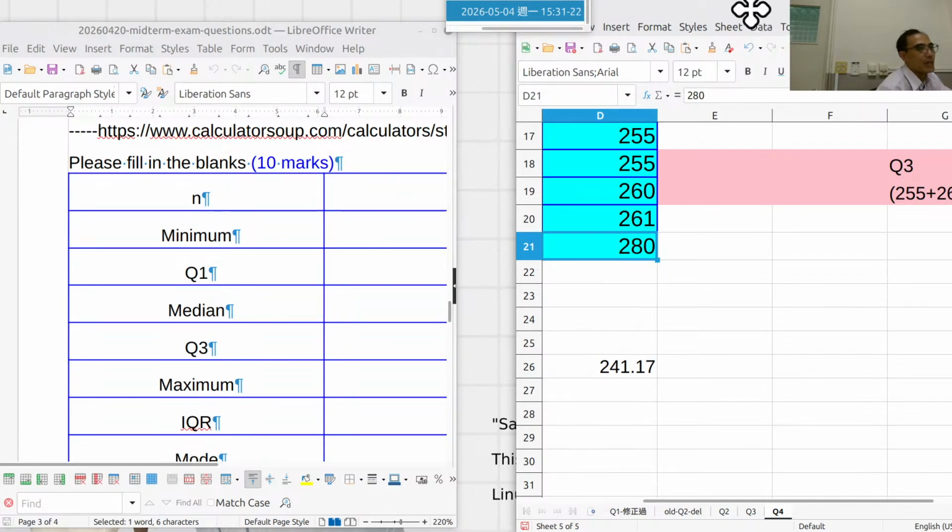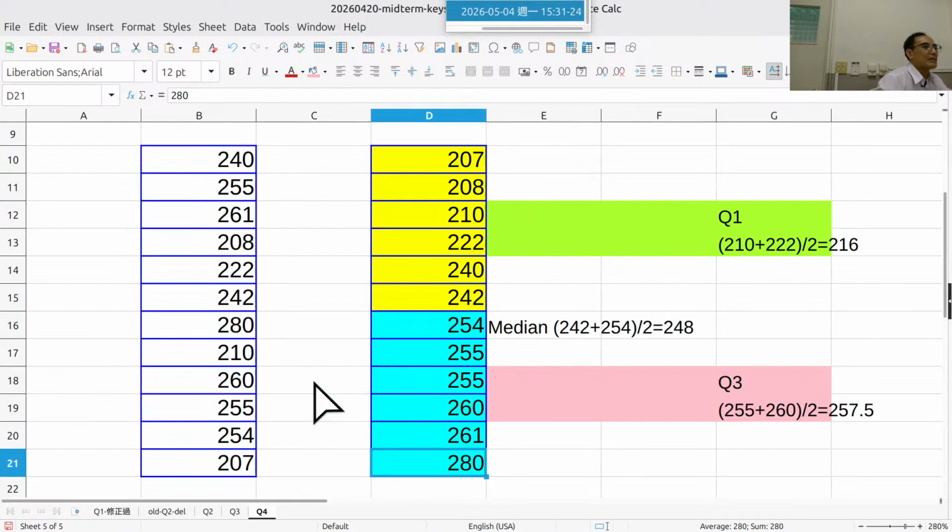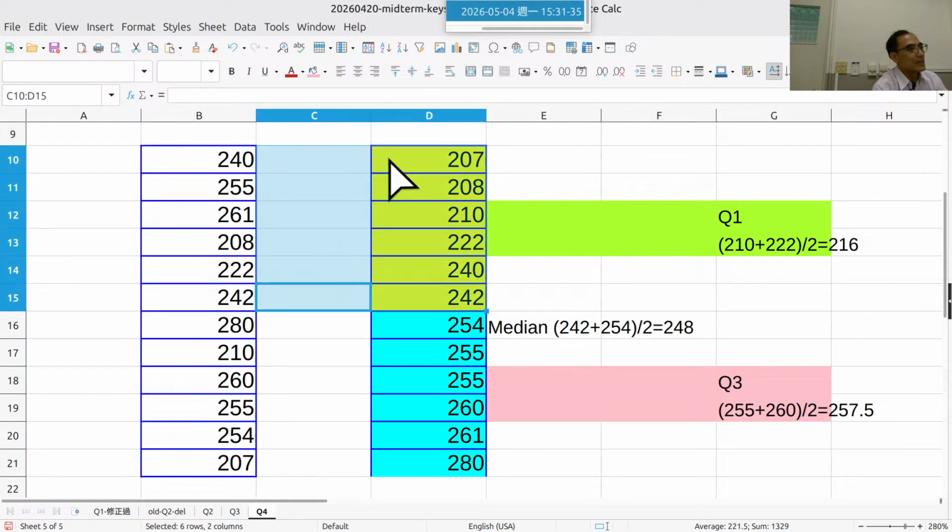Let's check. What's the definition of Q1? There are 12 numbers, and the first part is these 6 over here. Try to find the middle one. As I mentioned, for odd numbers, select the middle one. For even numbers, select the average of the middle two.